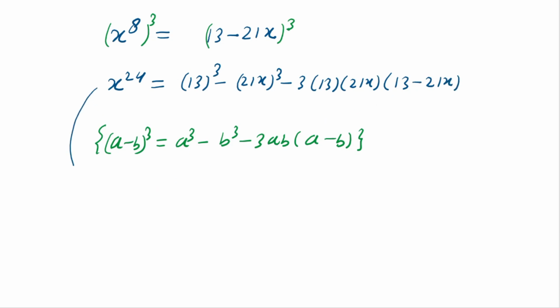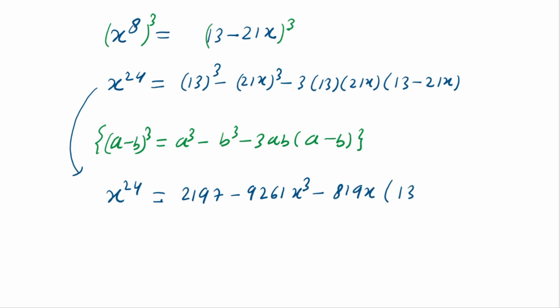Then in the left hand side, x^24 equals 13^3, this is 2197, minus (21x)^3, this is the same as 9261x^3, minus 3 multiplied by 13, then you will get 39, and 39 multiplied by 21 gives 819x, and this is multiplied by (13 minus 21x).